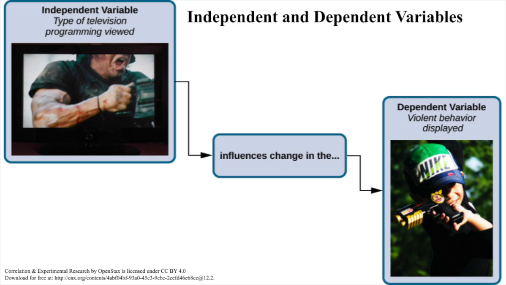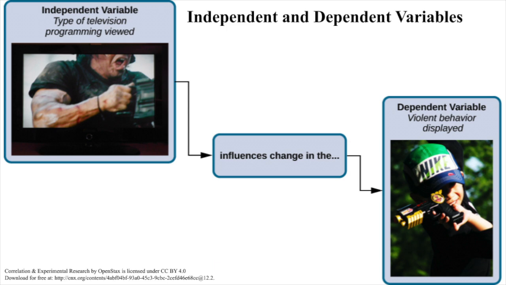In a well-designed experimental study, the independent variable is the only important difference between the experimental and control groups. In our example of how violent television programs affect children's display of violent behavior, the independent variable is the type of program, violent or nonviolent, viewed by participants in the study.